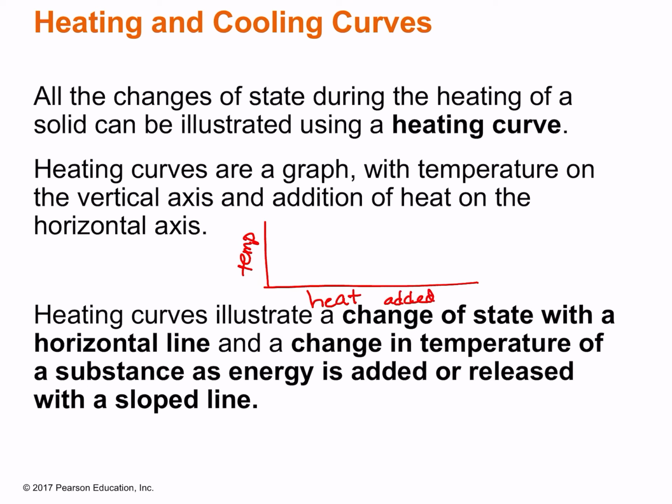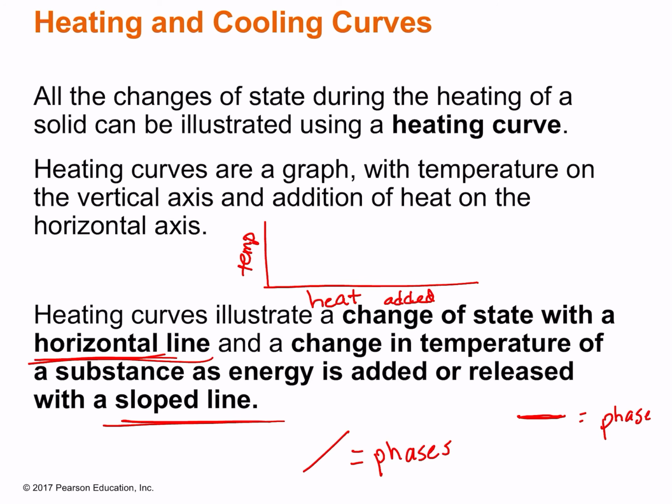Again, changes of state, or phase changes, are horizontal, flat lines. A change in temperature during the phases will be a sloped line. So keep that in mind: sloped line equals phases, flat lines equals phase changes.